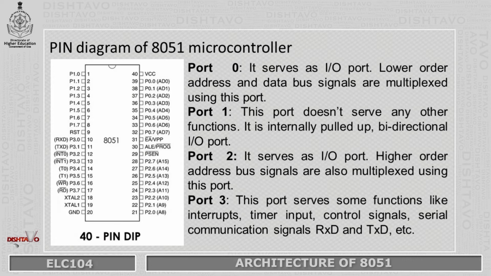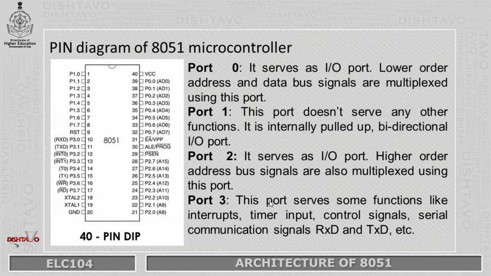So whenever we find that the internal memory is less for our particular application, we can always go in for memory expansion at the expense of port 0 and port 2. And of course we have to use these other signals also, like ALE and PSEN bar and all such things.